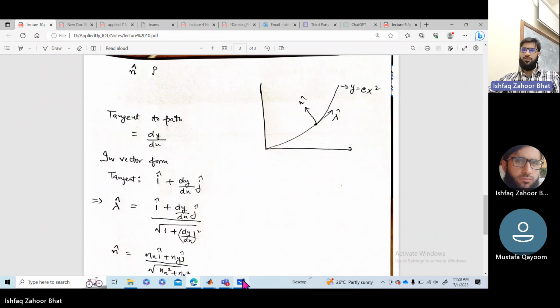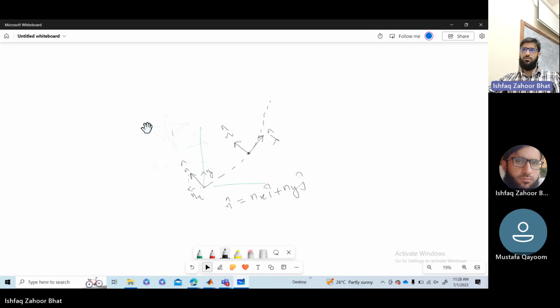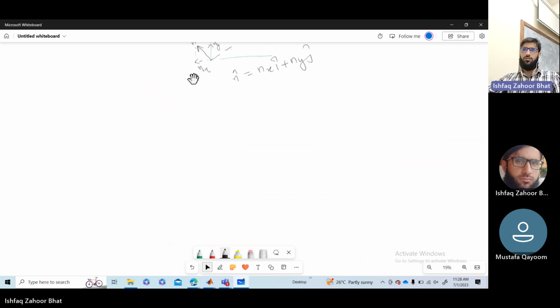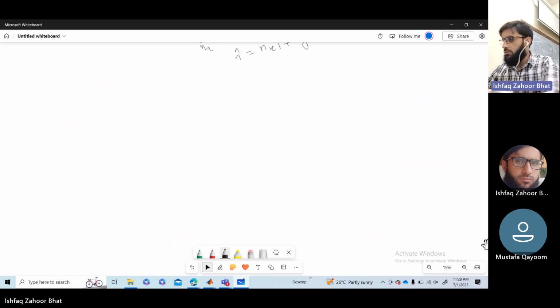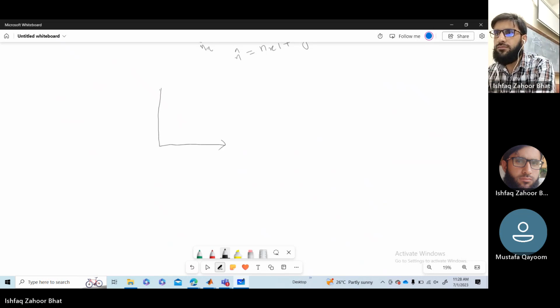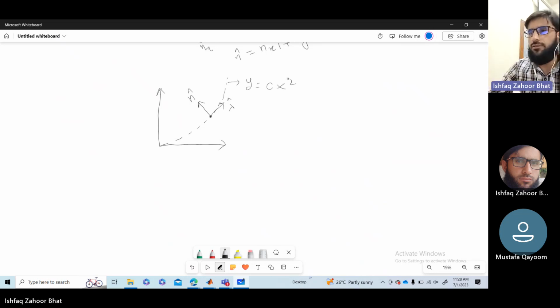Okay, let me go to the whiteboard. Basically, this was your normal and this was your tangential, and this is the equation y equal to cx square.